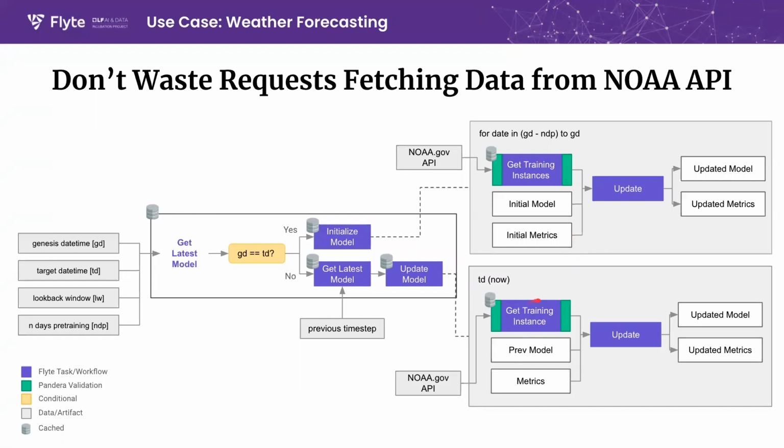This way, we're creating, it's not a feature store, but kind of like a feature training data cache, where if we want to reproduce this model and this run, all we have to do is provide the exact same parameters, and we'll be able to recover the exact same model. With the caveat that if the NOAA API has somehow been updated, then it won't be exactly the same model.